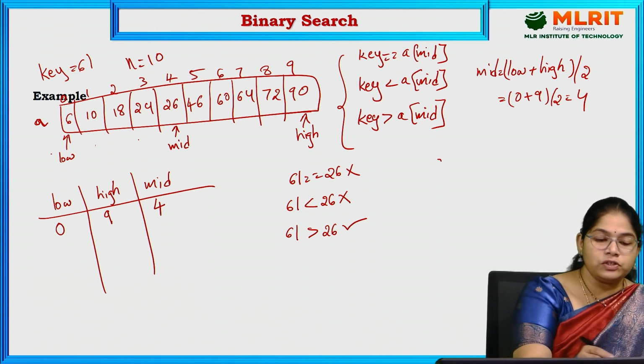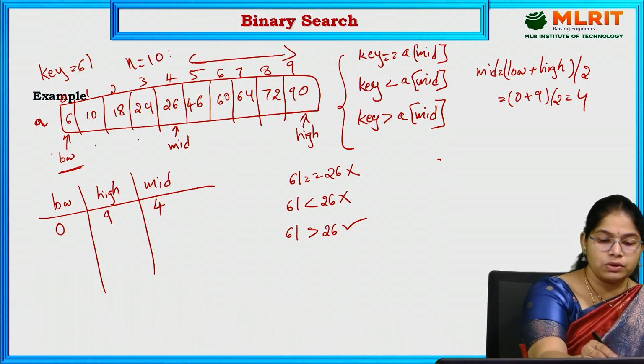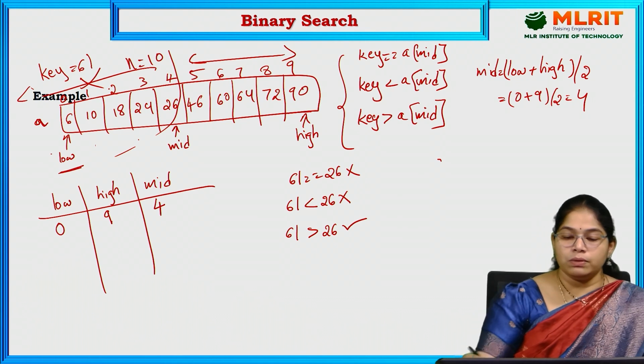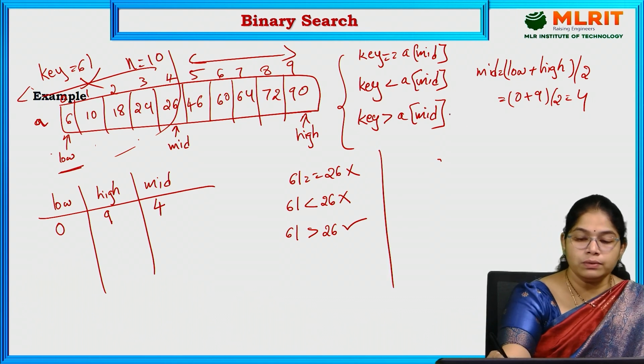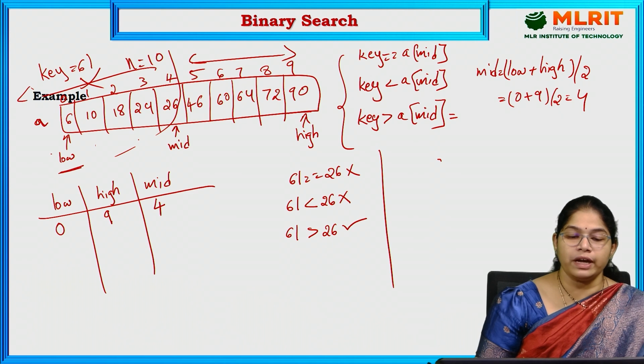So in such a case, we have to change the low value, because now the search space is this. It is not there in this left array. So if this condition is true, we have to change the low value.